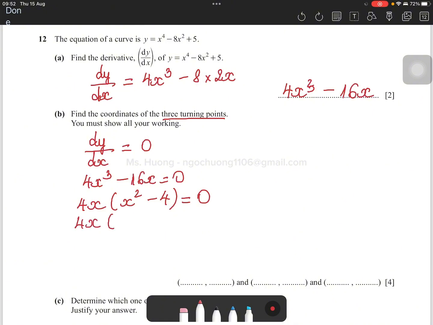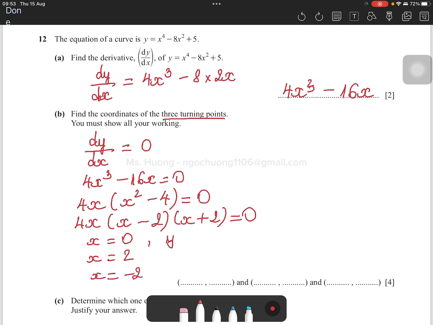Once again, we will factorize x squared minus 4, which is x squared minus 2 squared, or (x minus 2) times (x plus 2) equals 0. So x can be 0, x can be 2, and x can be negative 2.